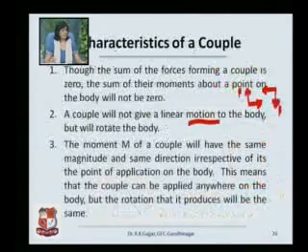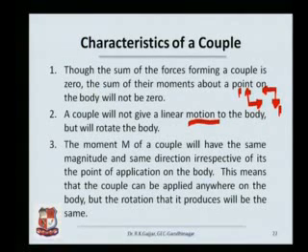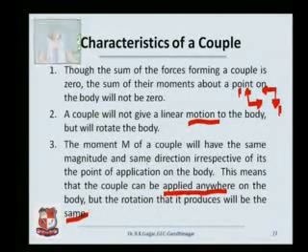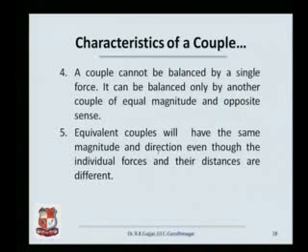Therefore, the characteristic of the couple is that it will have absolutely the same effect wherever it is applied on any body. It is not specific to the point of application that the effect of a couple can be studied on the body. So, we can say that a couple can be applied anywhere on the body, but the rotation that it produces will be the same. We will understand this concept much better as we go ahead with the problems.